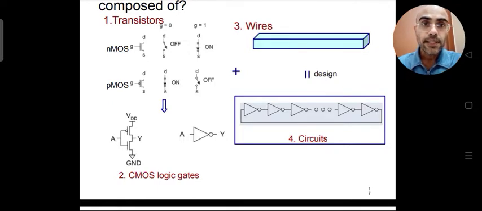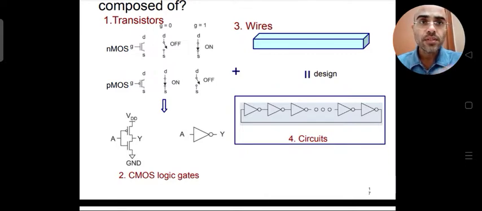Now in this circuit, if you use transistors, then by combining the transistors we make what is called a basic circuit. This basic circuit is the inverter. In this inverter there are two transistors which we use, an NMOS and a PMOS.